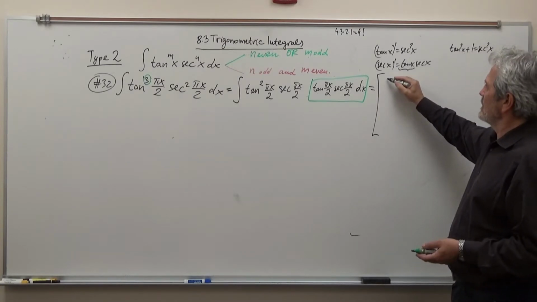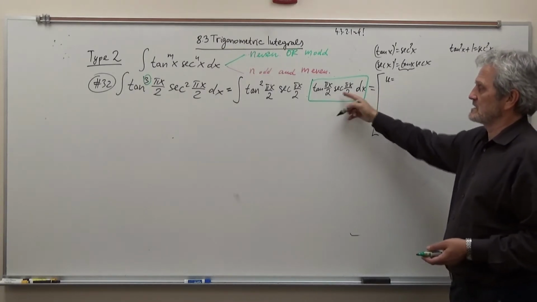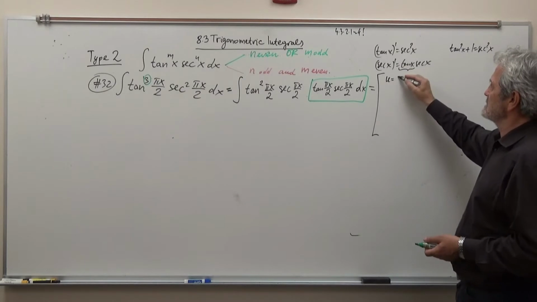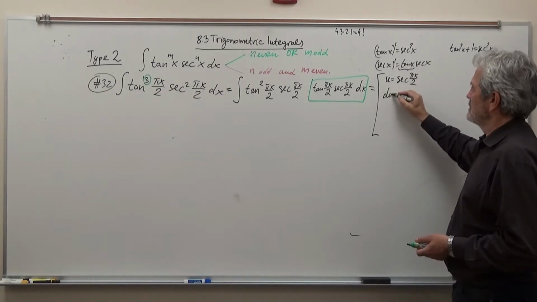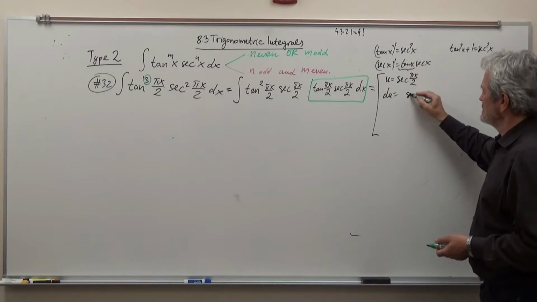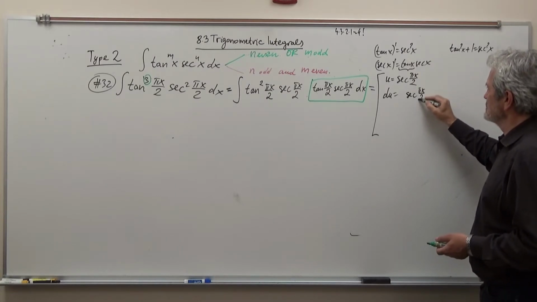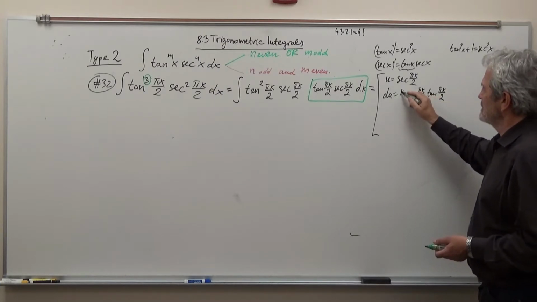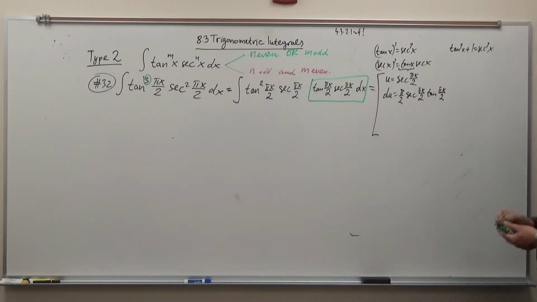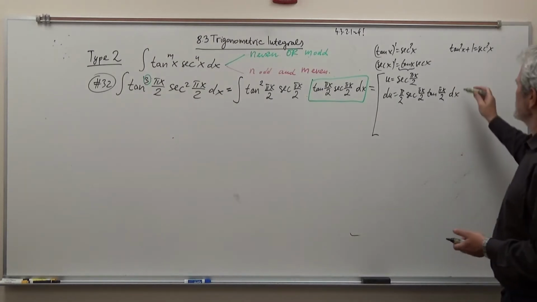We say u equals secant of pi x over 2, the derivative of your guy. So du is secant pi x over 2 tan pi x over 2 times pi over 2 dx. Here's your package.